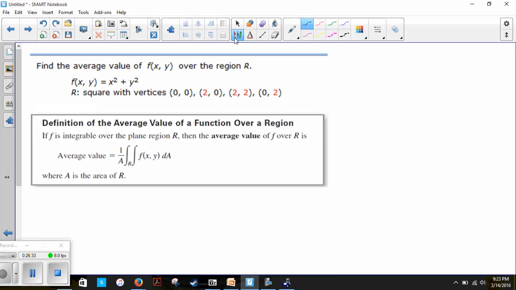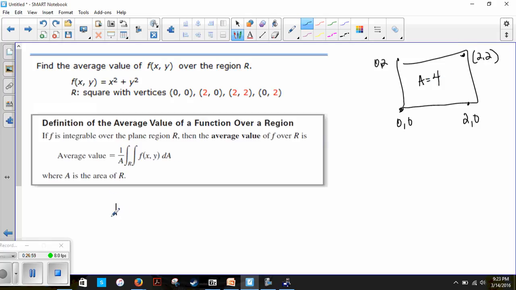Well, we got a square. 0, 0, 2, 0. Yay for plotting the point the right way. 2, 2. 0, 2. Area 4.